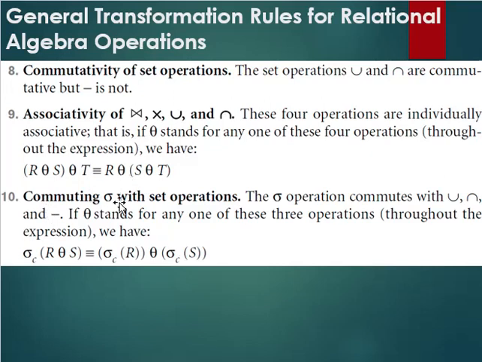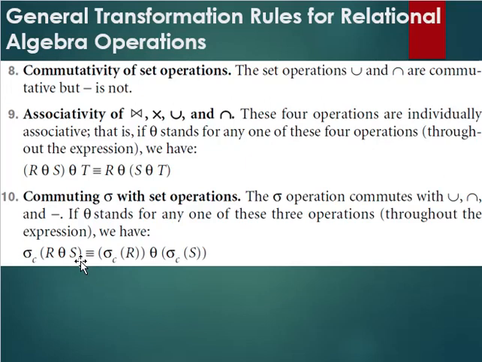So commuting sigma with set operations. Here we can also commute the sigma operation with union, intersection and difference. Select of R union S is equal to select of R union select of S with condition C. So first you do the select operation on S, then the select operation on R, and the union of the results is equal to R union S followed by the select operation.